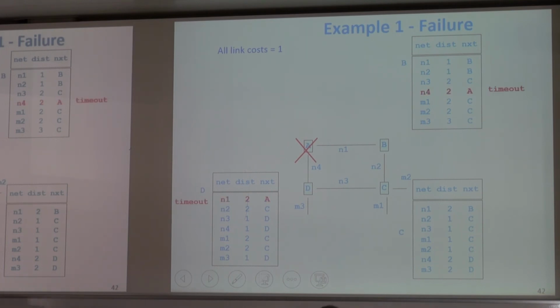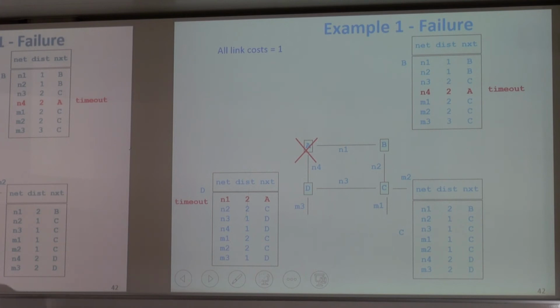So B and D are now informed that A has crashed. They interpret that by saying anything that was coming from A, anything saying the best route to this destination is via A, is now invalid. So I do as if A had sent me the information that my distance to those nodes is plus infinity, which you can do in 2 ways.